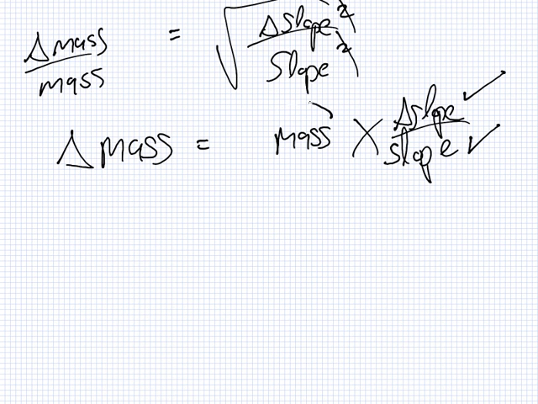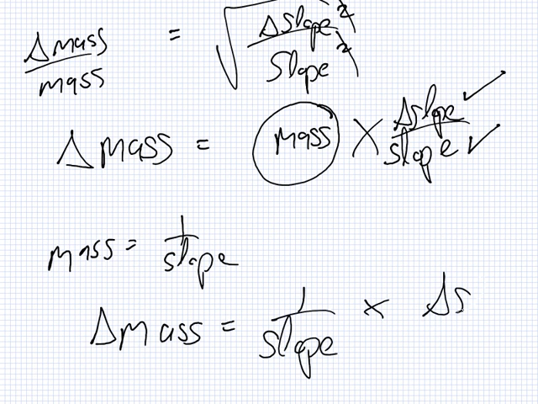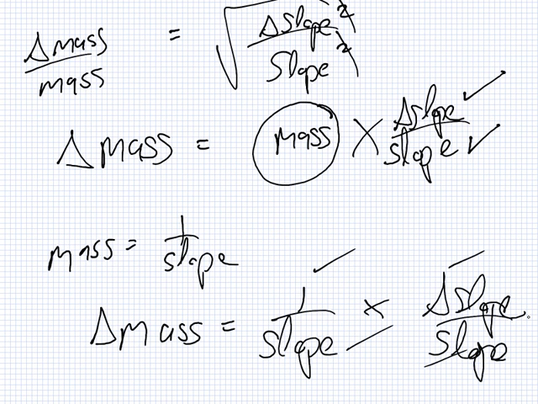Do we know the mass? Well, we do, because remember we're saying that the mass is equal to 1 over the slope. That was the whole key idea here. So the uncertainty in the mass is equal to 1 over the slope times the uncertainty in the slope over the slope. So all of this we know. So finally we can get the uncertainty in the mass.